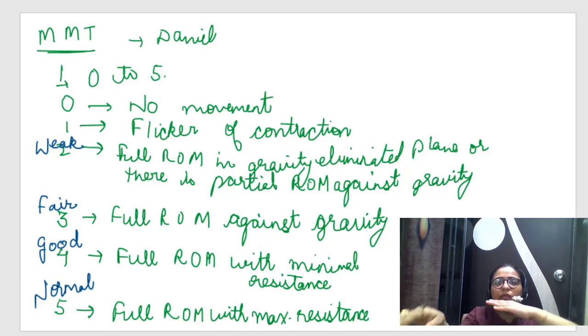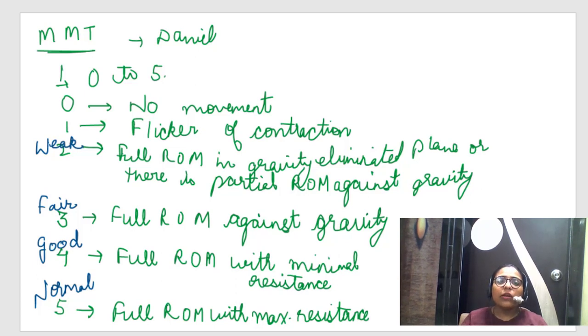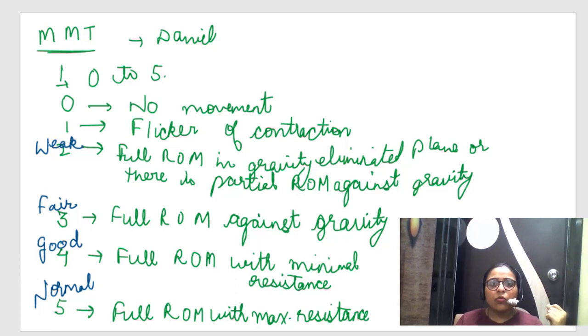Now there is no gravity, the patient is able to complete his full range of motion, then you provide them grade 2. But if in the gravity eliminated plane the patient is also unable to move or unable to complete the movement, then you just palpate at the tendon and ask the patient to flex his elbow, right.